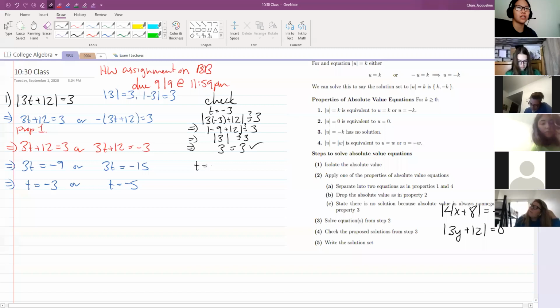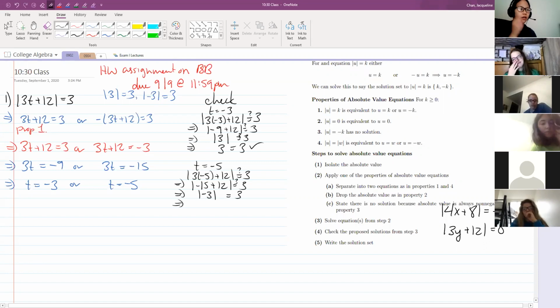Now let's check t is equal to -5. When I do that, I get the absolute value of 3 times -5 plus 12. Does this equal 3? We get -15 plus 12, which is the absolute value of -3. Absolute value is a distance, so it's always positive.